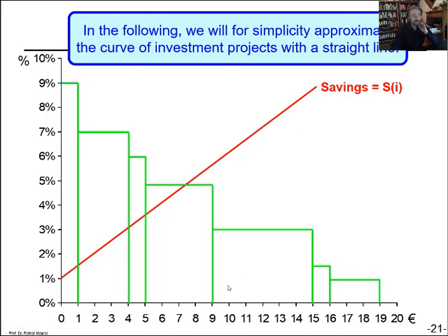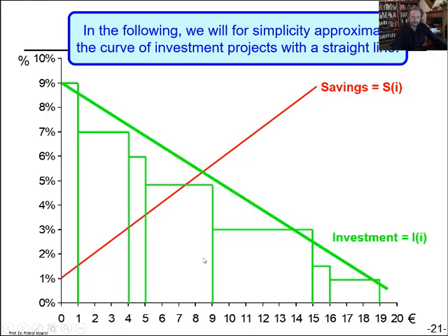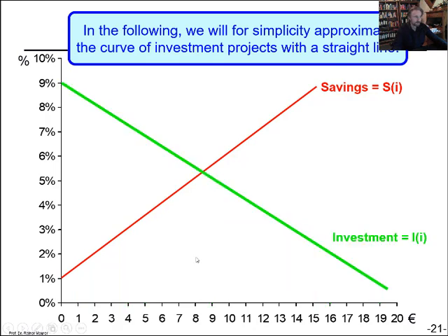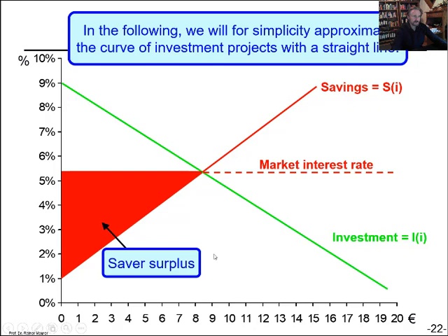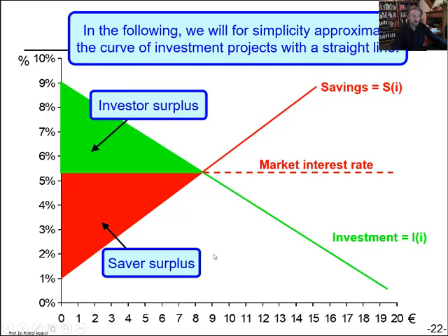In the following, we will, for simplicity, approximate the curve of investment projects with a simple straight line, like this. The market interest rate is then given by the intersection point between the savings function and the investment function. Saver surplus and investor surplus are represented by these triangles.